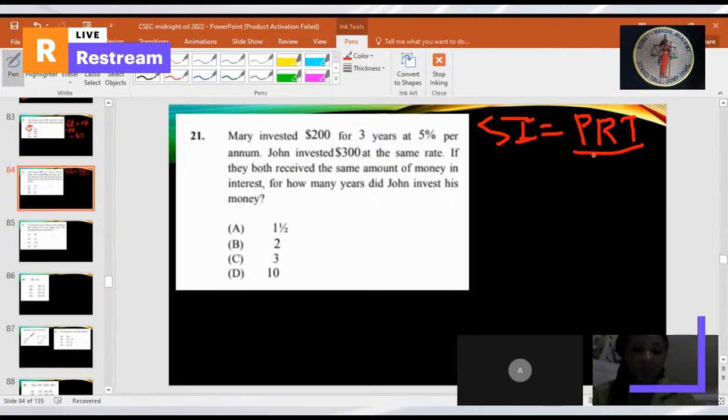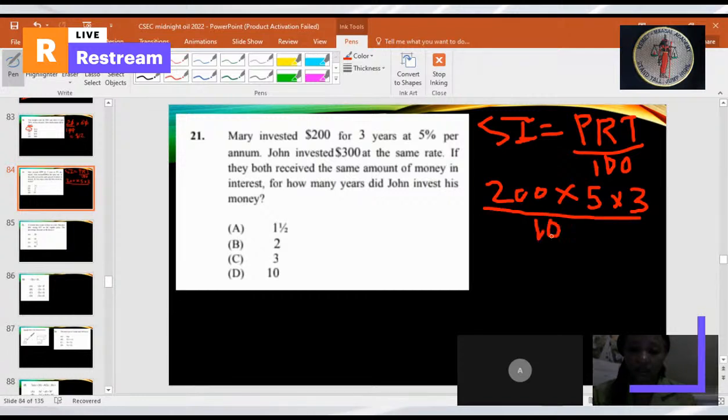So for Mary, principal was $200, her rate 5%, and her time was 3 years, over 100. So interest was 2 times 5 is 10, times 3, $30.